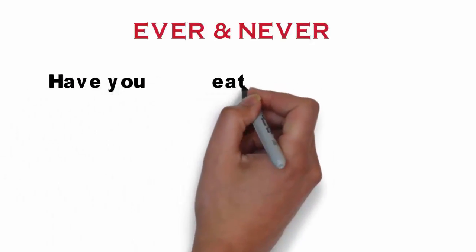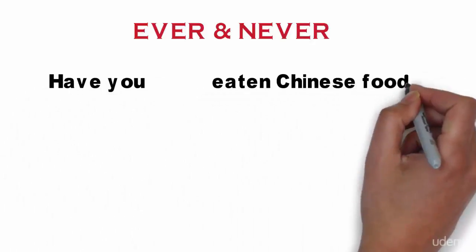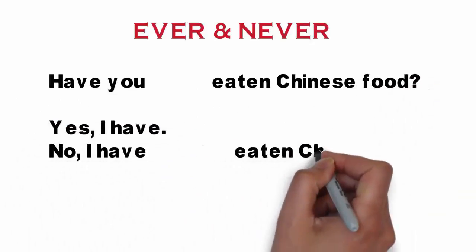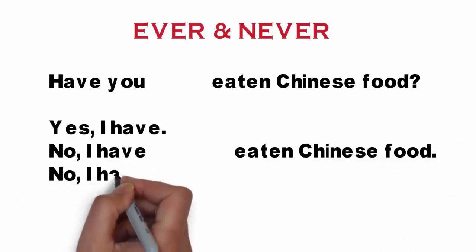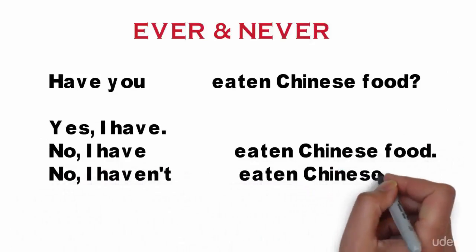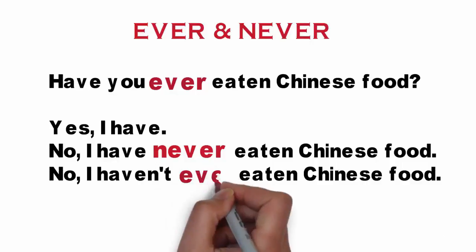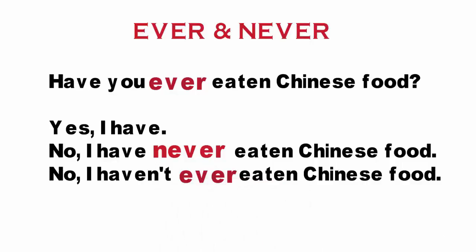So, for example, have you ever eaten Chinese food? I just need to know if you have ever eaten Chinese food at any time in your life before now. So, ever is used in a question here. You can say, yes, I have, or no, I haven't.